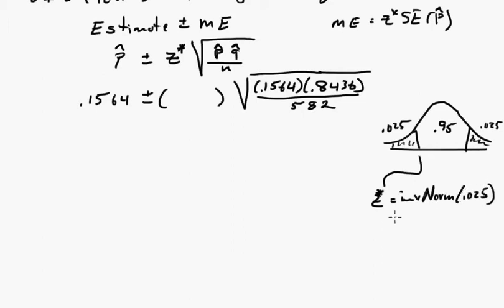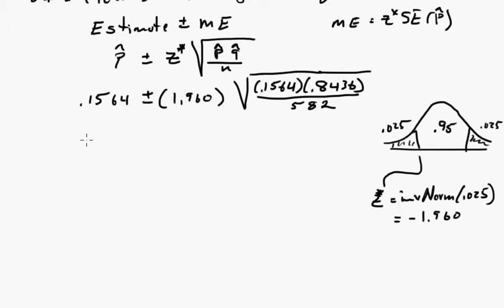Now you'll get a negative number, negative 1.960, but that's okay. Just use the positive because it doesn't matter, the way we do plus or minus here. So it's 1.960.